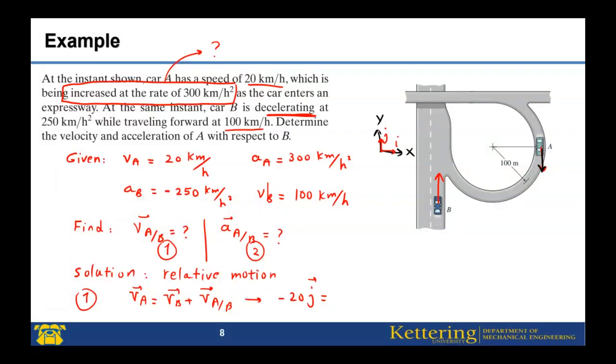The magnitude is given, and the direction is j, so it is 100j, plus the velocity of A with respect to B. The velocity of A with respect to B will be minus 20j minus 100j, which is minus 120j. The magnitude is 120, and it is downward.